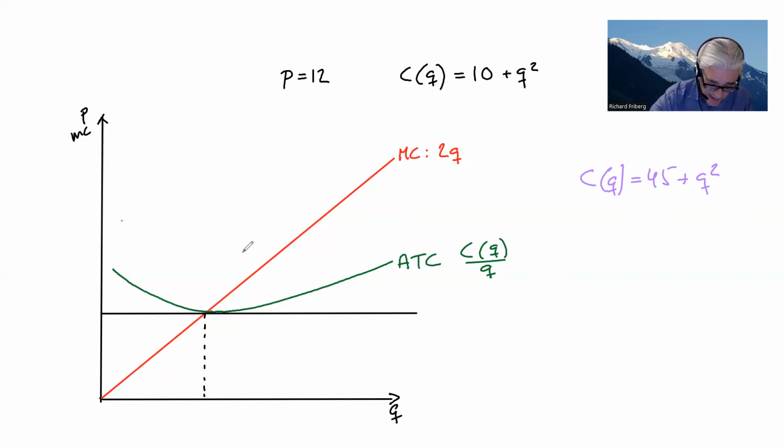Well, that implies that we have an upward shift in the average total cost curve, like this. So average total costs are still given by C of Q over Q. As usual, the marginal cost curve cuts through the average total cost curve at its lowest point.